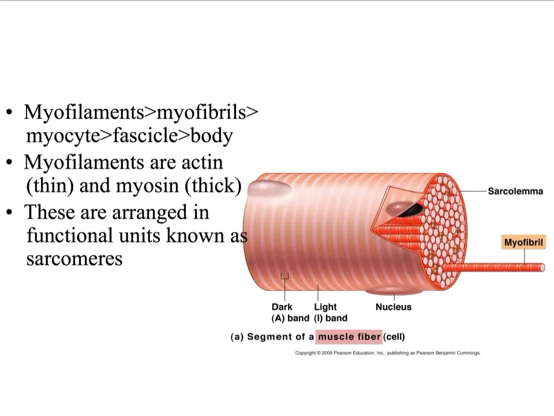Okay, let's go a little bit deeper in naming the muscle cell parts here, switching gears a bit. This represents a short piece of a muscle cell. Inside that muscle cell, you're going to have a structure referred to as a myofibril.